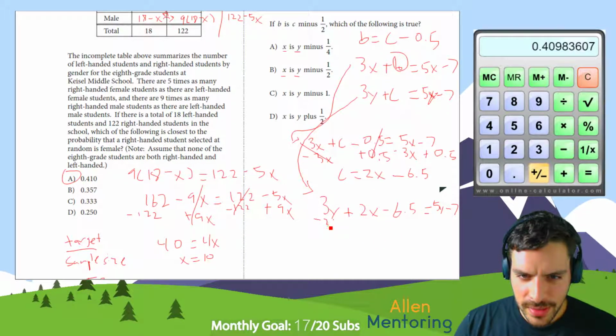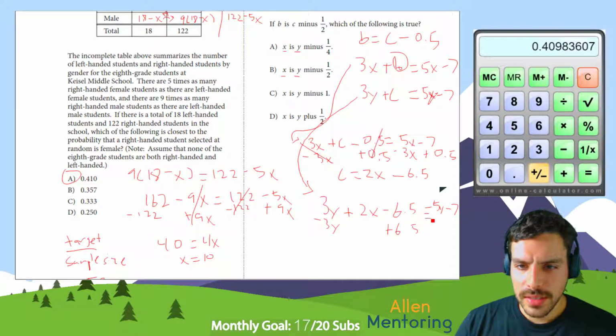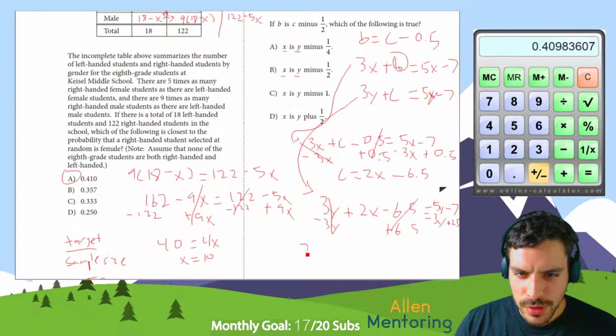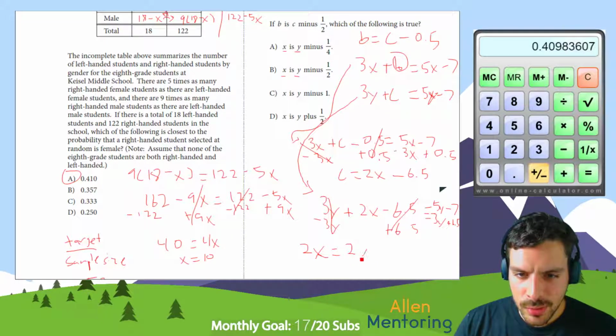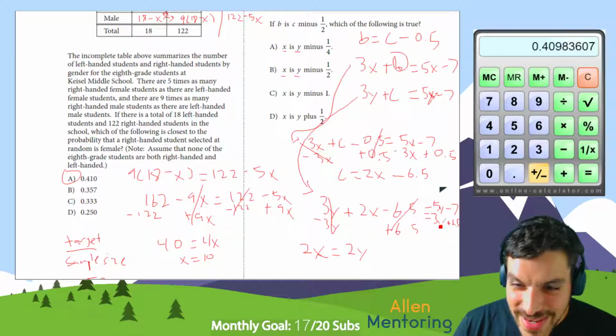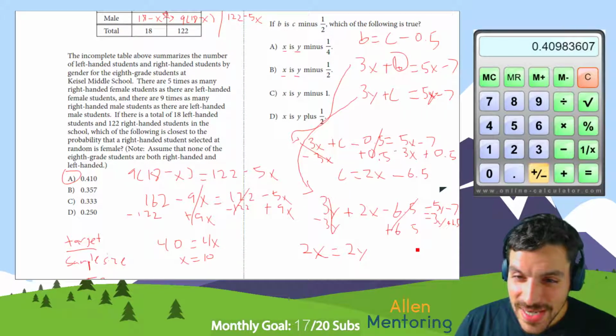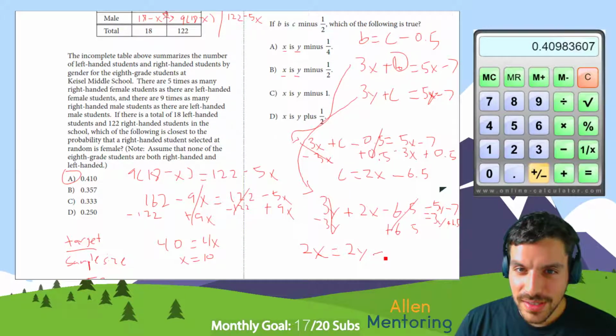So I'm going to subtract 3y and add 6.5. And so now this crosses out, this crosses out. So 2x is equal to, what's 5y minus 3y? That's going to be 2y. And negative 7 plus 6.5 is negative 0.5.